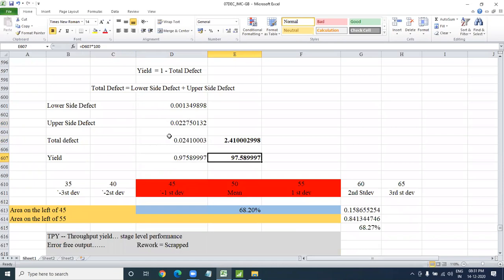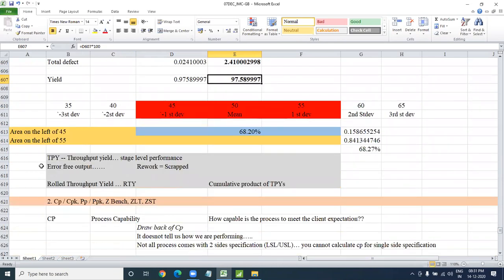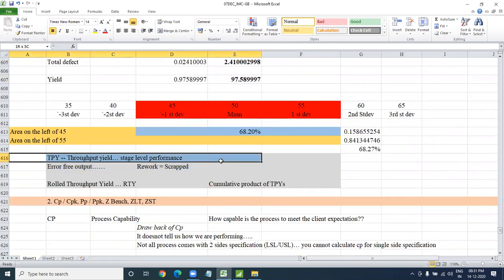Now, with the same logic, we also talked about TPY, which is throughput yield, where we look for defect-free output of the process, wherein we consider scrap or, for that matter, rework as bad. So technically, we are just looking at the net output of the process without any error.